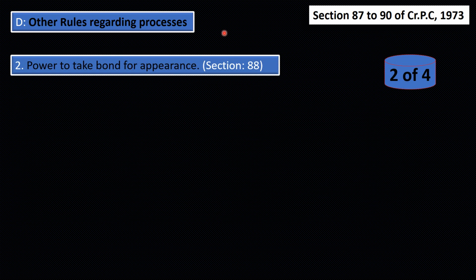Second point of other rules regarding processes is power to take bond for appearance as per the provision of section 88.